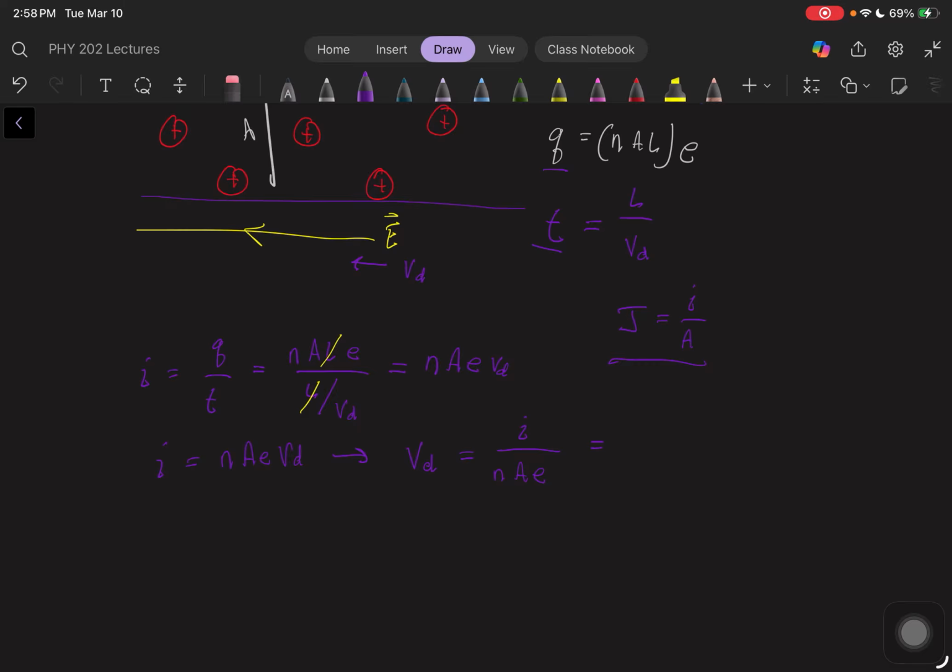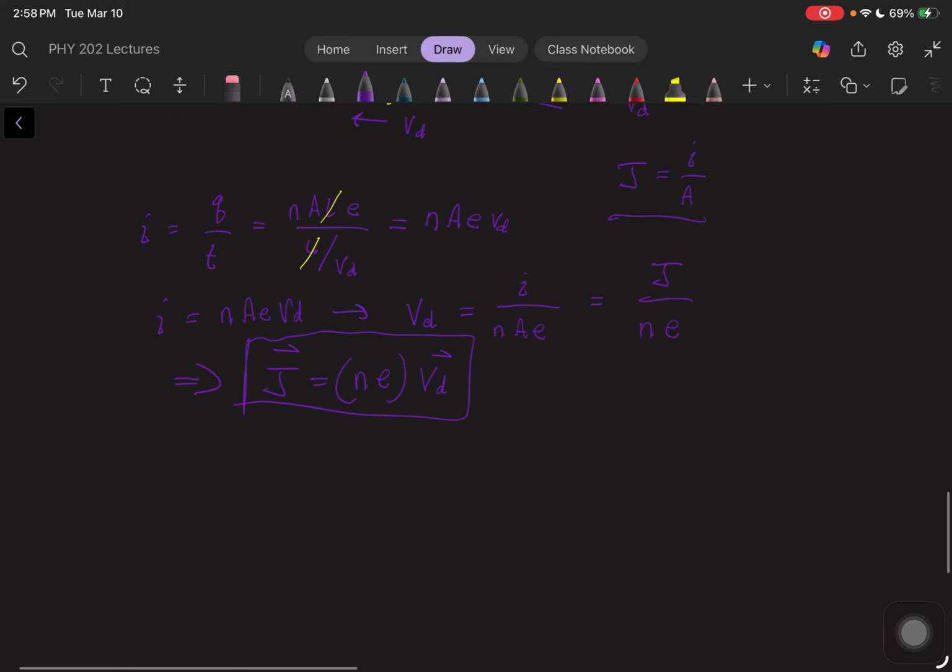And so we can say the drift velocity is equal to J over n e. Okay. Or if we want the current density, we can say J is equal to n e times v_d.